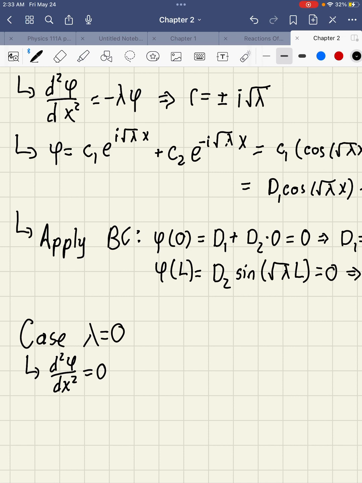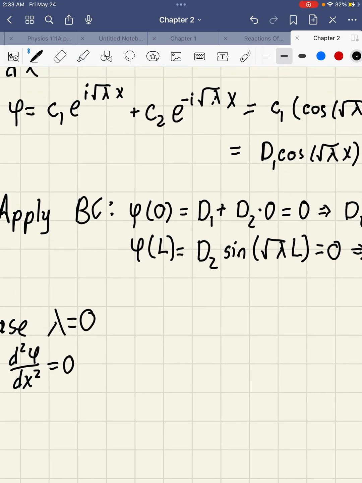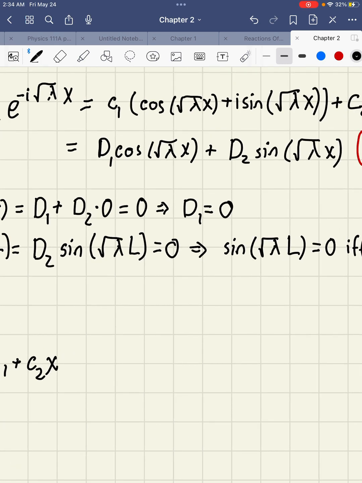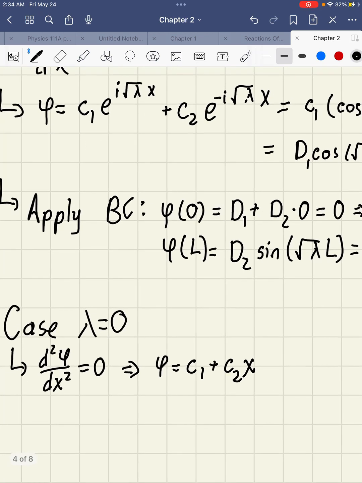Right? And this is true if and only if... Now, I can do it two ways, but we know that the solution is going to be the equation of the line, C1 plus C2x.